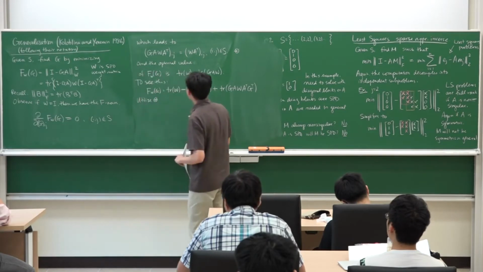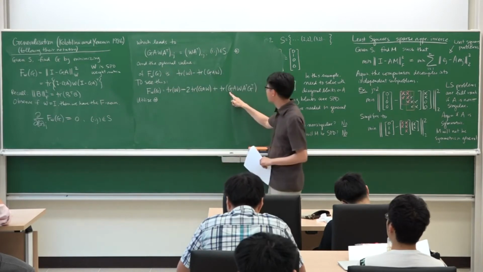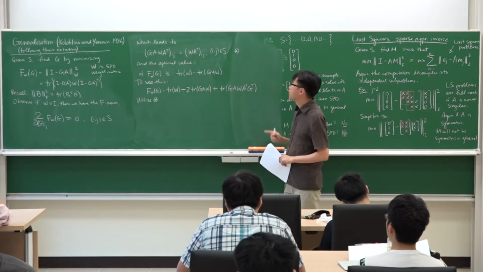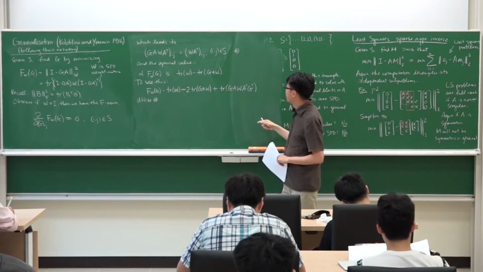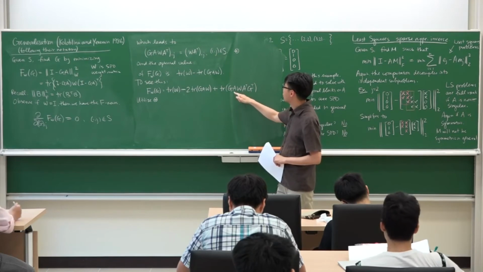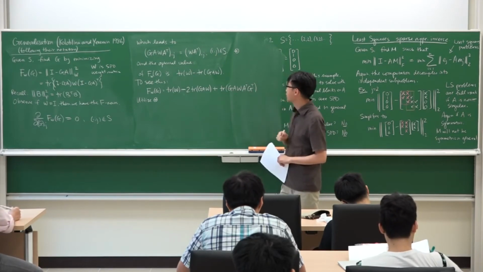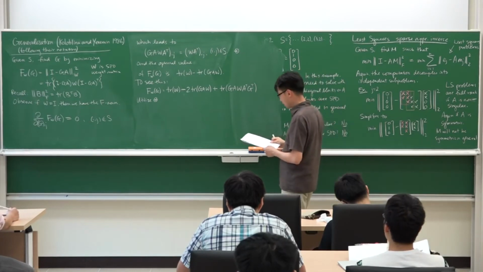And you can see that this GAWA transpose appears over here, GAWA transpose. But we're going to be interested in the trace of this thing times that. Okay, so the argument here is a little bit tricky.